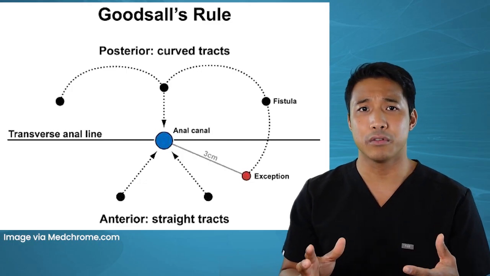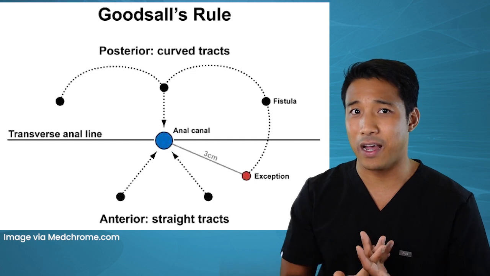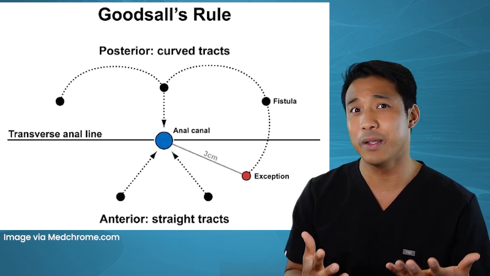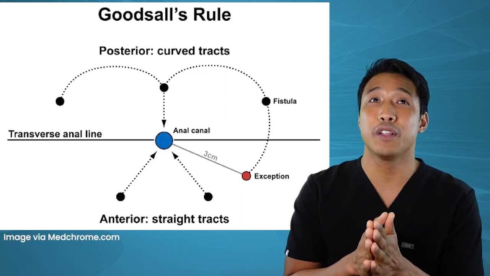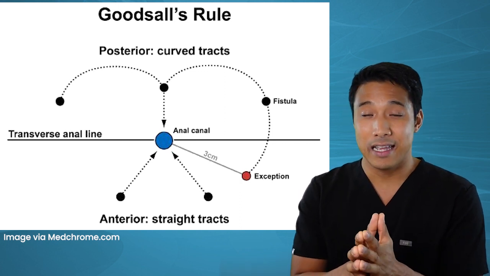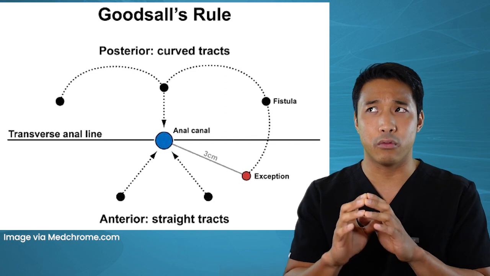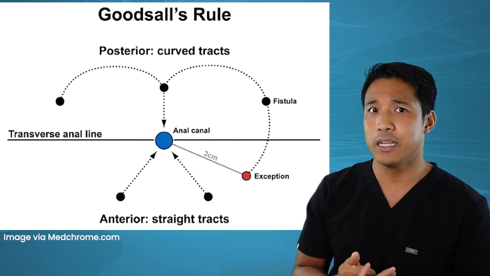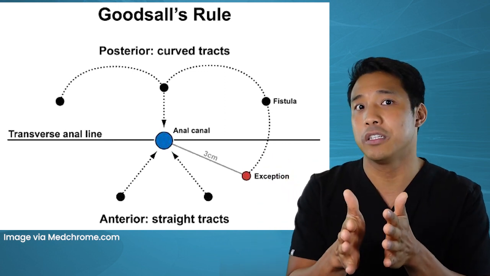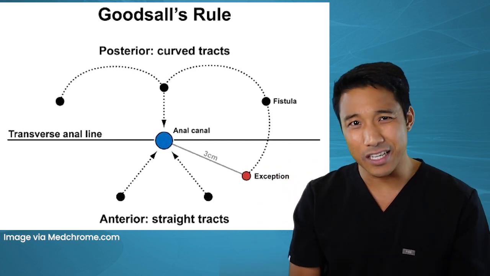Wait, so Dr. Rosen, can we talk about how we actually find the fistula tract? I've been pimped too many times on Goodsall's rule. So if you have a fistula in the anterior anus, then it will follow out radially from the crypts. But if you have a posterior fistula, then it will take a curvilinear path to the posterior midline. Is that actually helpful?